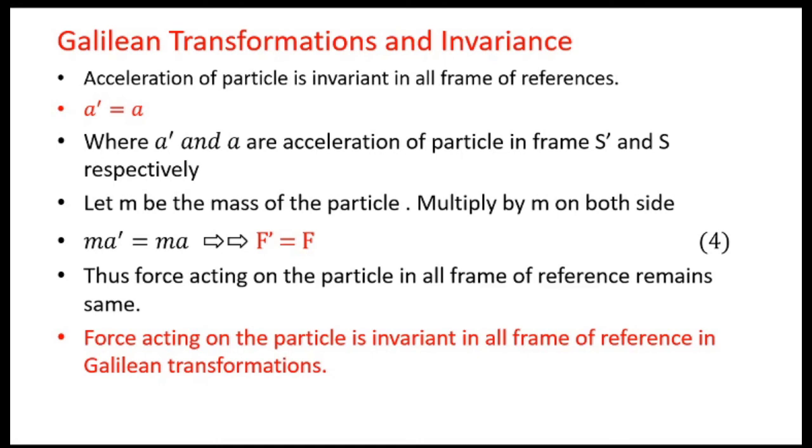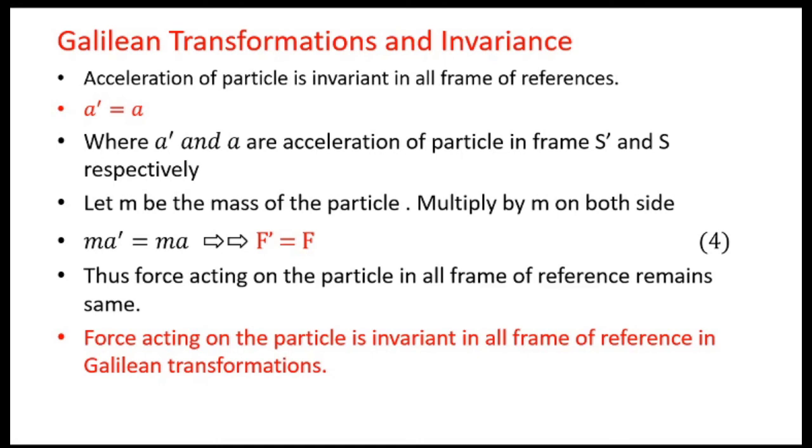So what we have seen in this lecture, the Galilean transformations that relate the coordinates in one frame of reference to another, and which parameters remain invariant under Galilean transformations. The velocity of a particle does not remain the same in all frames of reference.